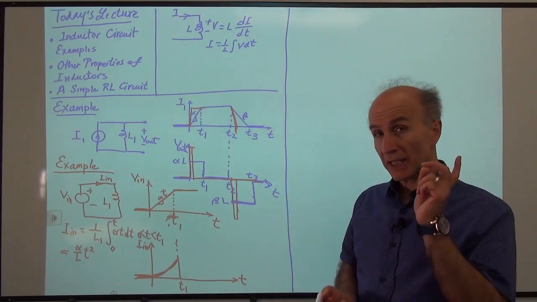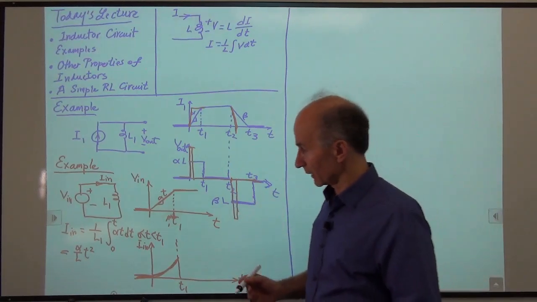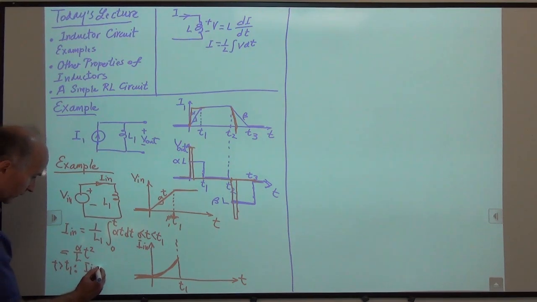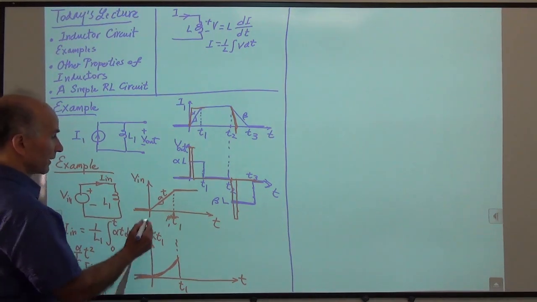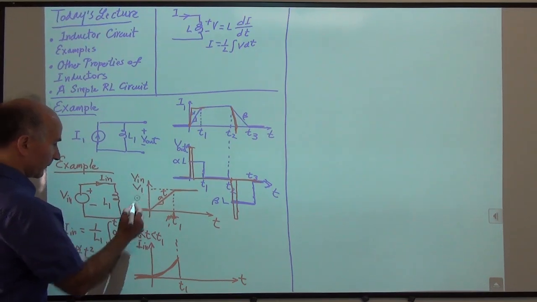After T1, the voltage has become constant. If the voltage is constant, we have to integrate properly. So now, for T greater than T1, we say I in is equal to 1 over L1. So let's call this voltage V1.